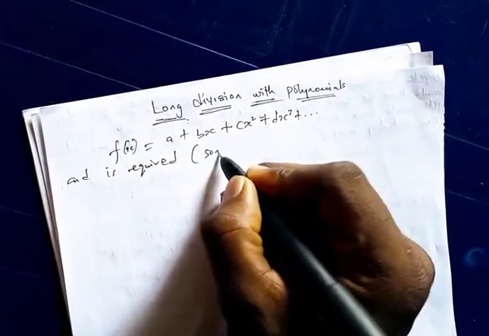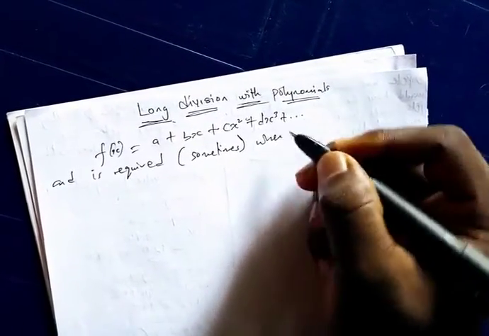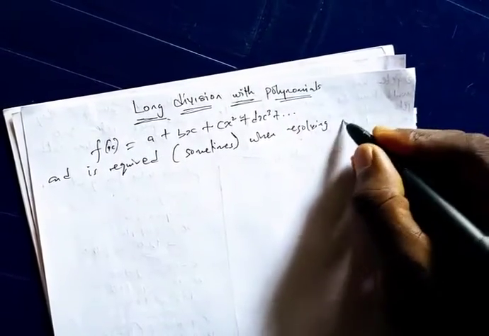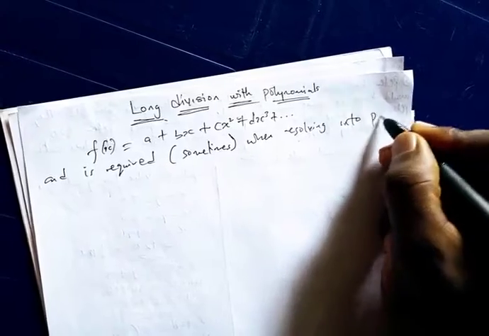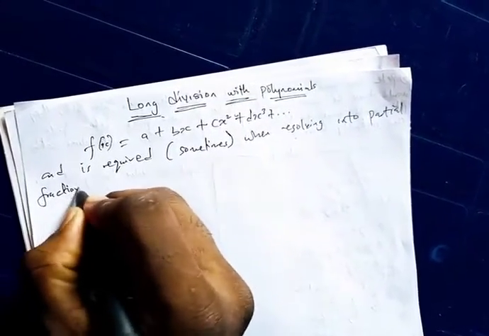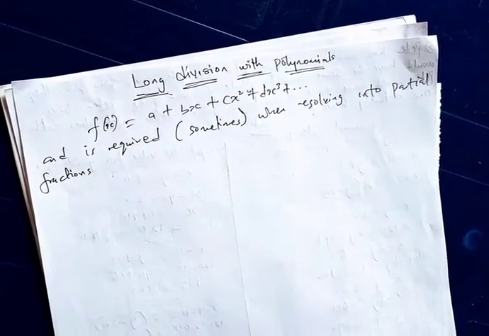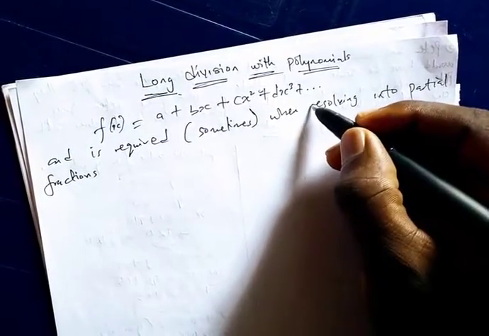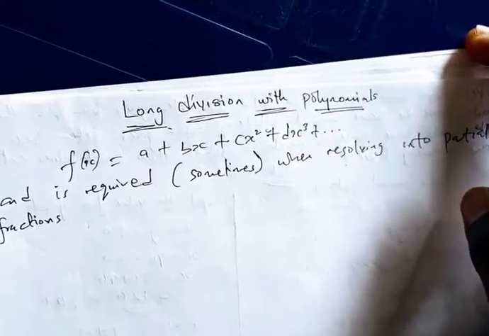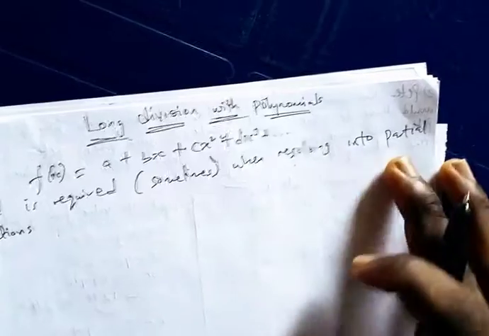The idea of long division with polynomials is sometimes required when you are resolving expressions into partial fractions, and that will be explained in more detail in my future video.